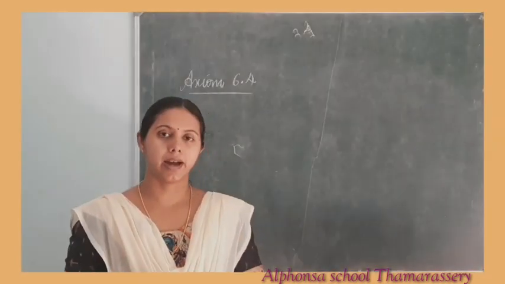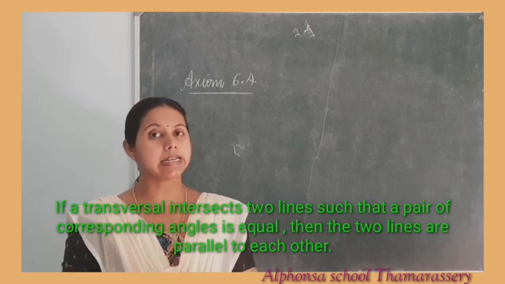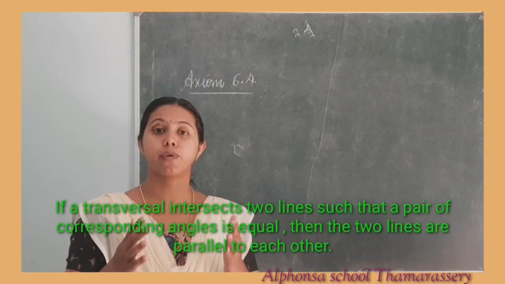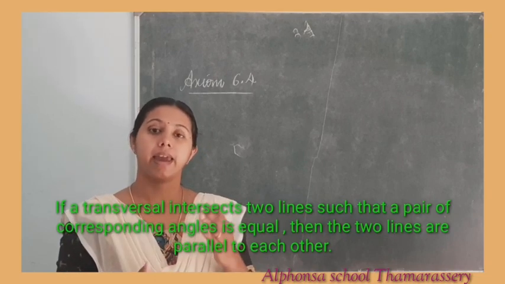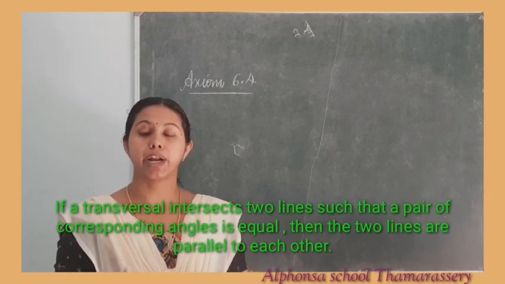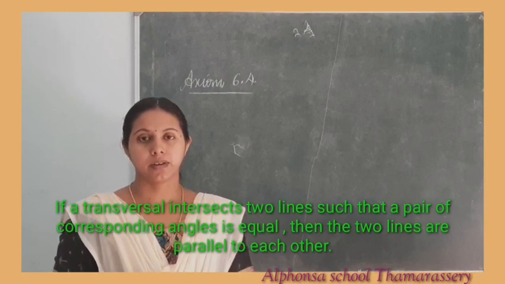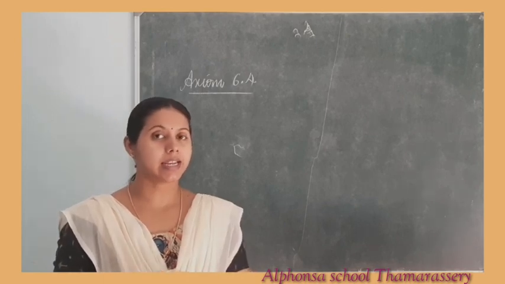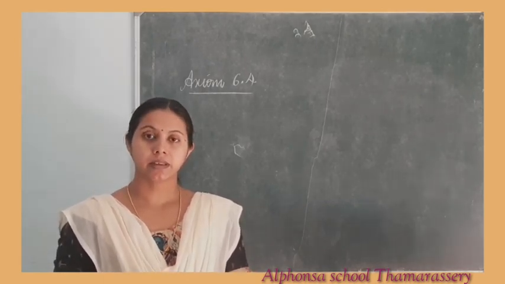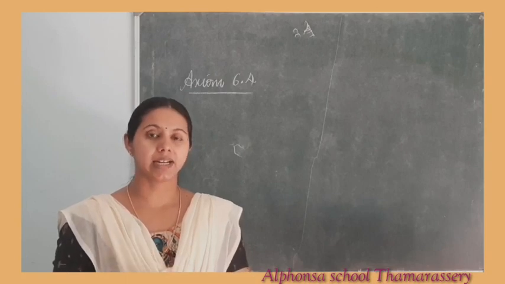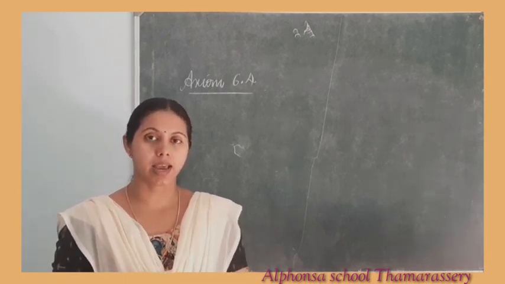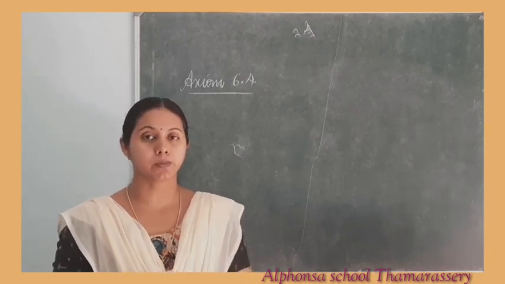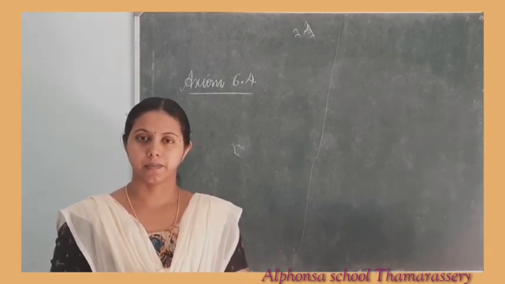So we can conclude that if a transversal intersects two lines such that a pair of corresponding angles is equal, then the two lines are parallel to each other. That is axiom 6.4. So 6.3 is the corresponding angles axiom and 6.4 is the converse of axiom 6.3, that means the converse of the corresponding angles axiom.